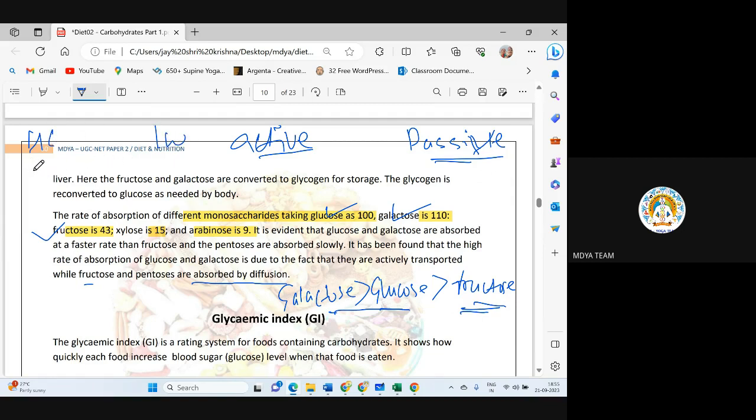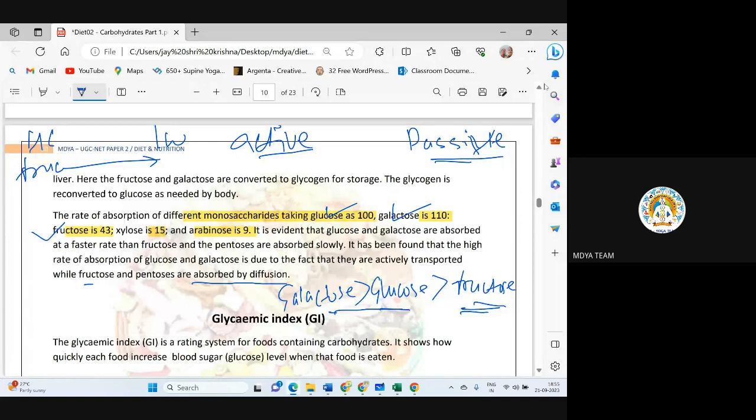In our digestive system there is a high concentration of fructose, and in our blood there is a low concentration of fructose. So fructose slowly goes from the digestive system to the blood. Our body doesn't use energy for this transport. For galactose and glucose, our body is using energy, so it is fast absorption. For fructose, our body is not using energy, so it is slow absorption.